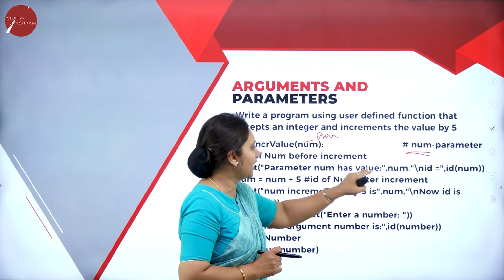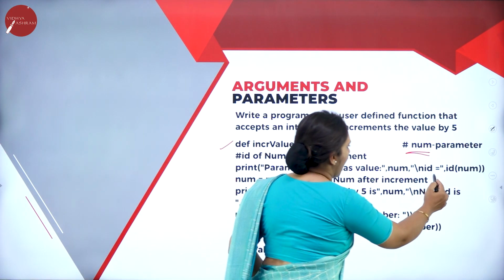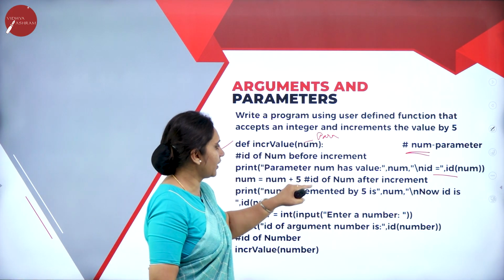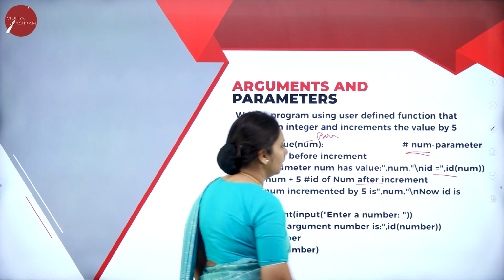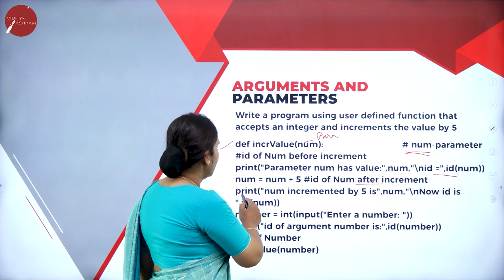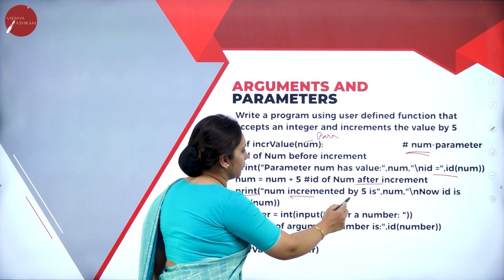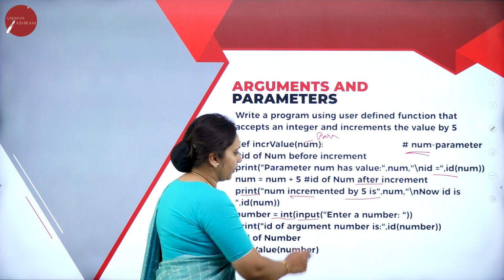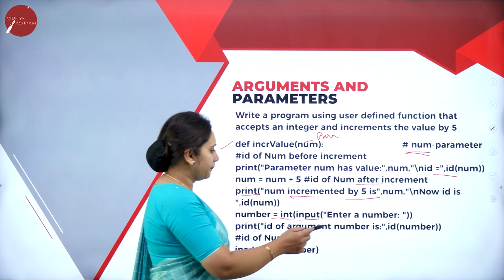So print the parameter num value and the id of num before the increment, and num is equal to num plus 5, the num after the increment. Num is the parameter I am passing. Then print num incremented by 5, and number is int, with the input function, as I taught you in my previous sessions.